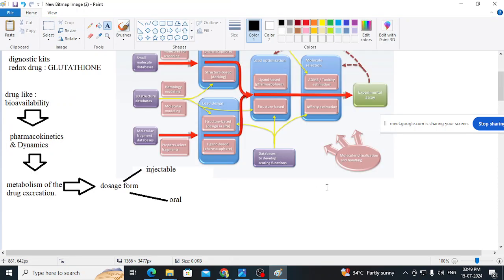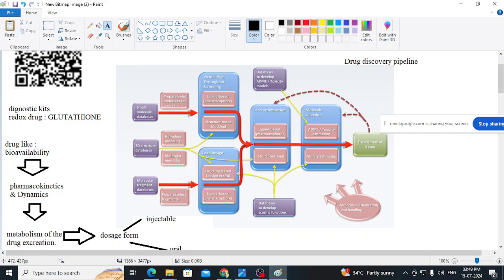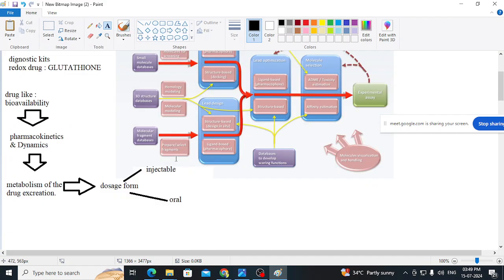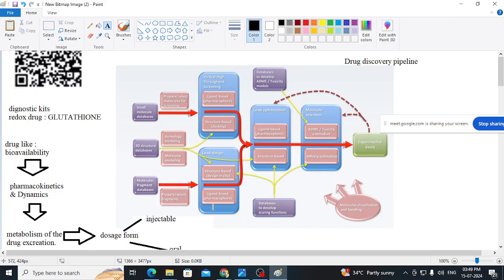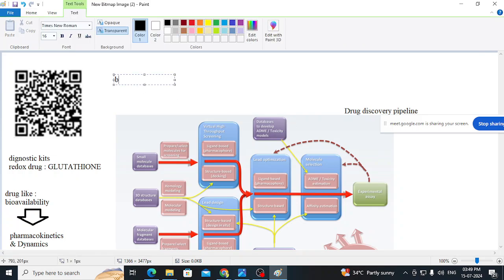So what we did, we identified this redox type of molecule, and we tried to see how well it binds. So we studied the binding of the Schiff base with albumin.